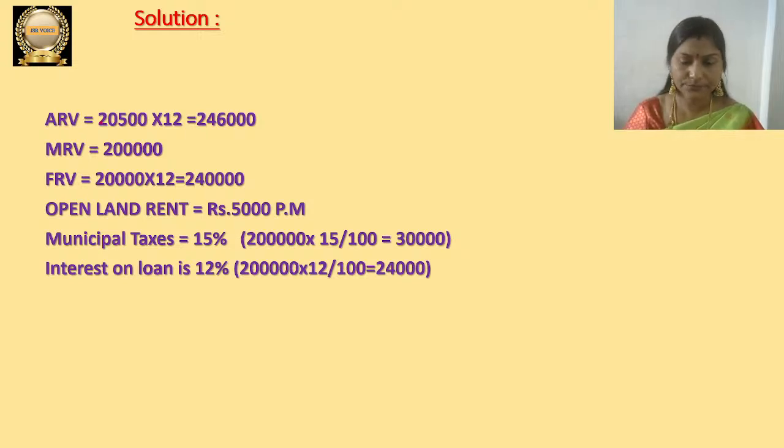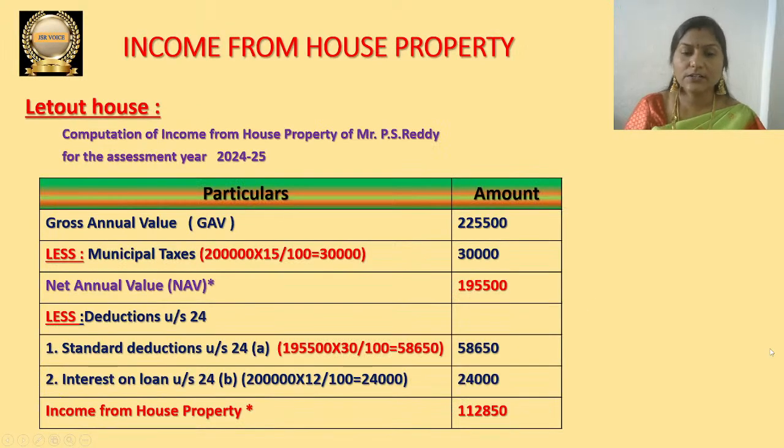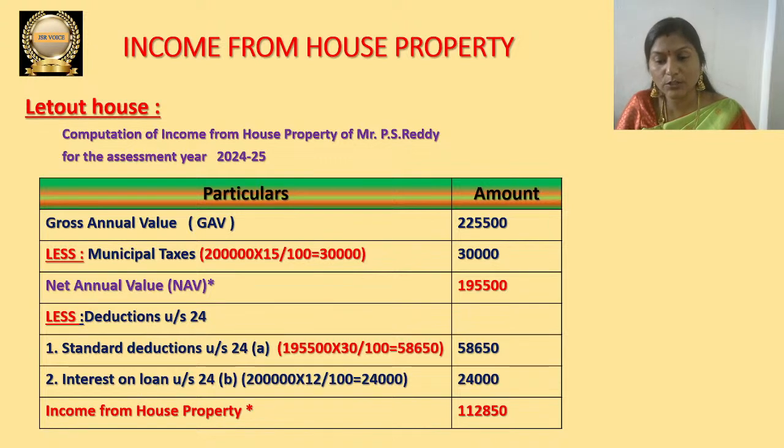And next, this is our solution. Okay, so computation of income from house property of Mr. P.S. Reddy, for the assessment year 2024-25. So this is our solution, main part.